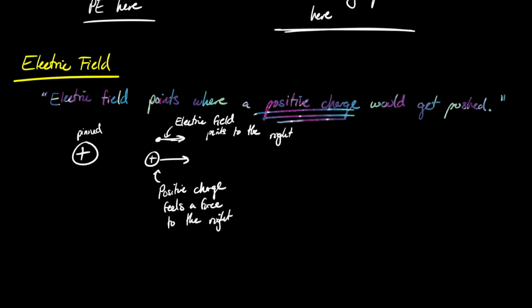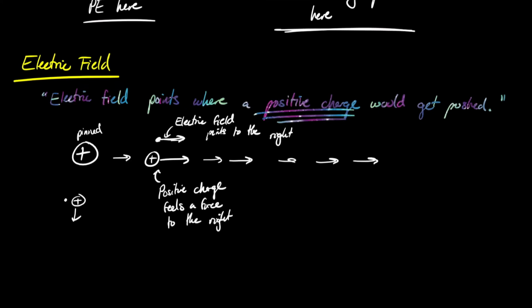Okay? And it also points to the right here because no matter where you are, the positive charge would get pushed away from the center, or from this big guy right here. If you were to draw it in other directions, you could imagine, what if this were a 2D problem? A positive charge here would get pushed downwards away from the other charge.